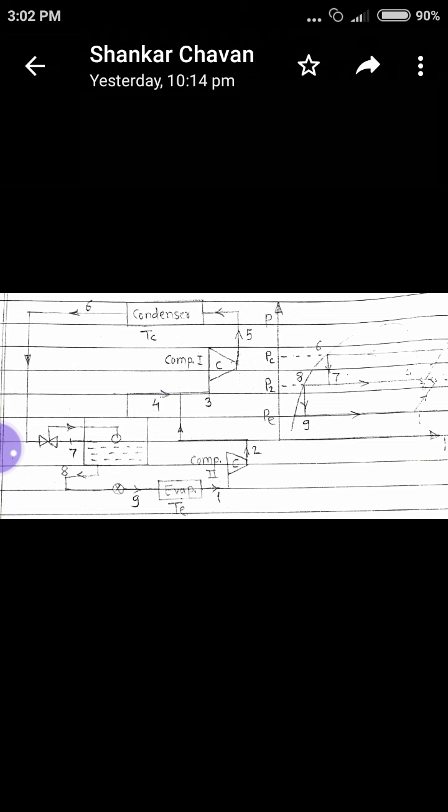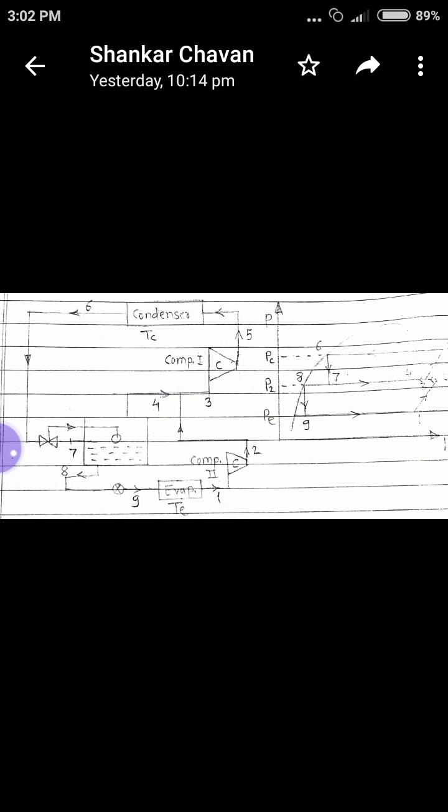If you see the pressure enthalpy diagram, in this diagram 1 to 2 represents the compression of refrigerant in the first stage. After compression of that refrigerant in the first stage, that refrigerant mixes with flash.